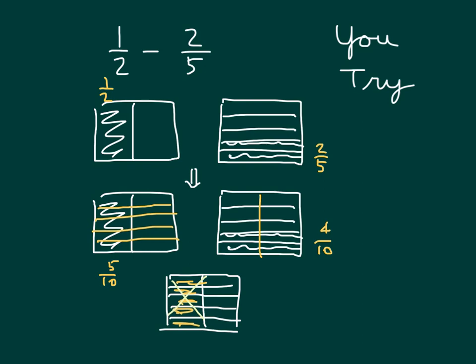We're only left with 1, or 1/10. So 1/2 minus 2/5 does equal 5/10 minus 4/10, which does equal 1/10. Your key is to get equivalent fractions so that you can show your subtraction. What you're subtracting is the part that you cross out.